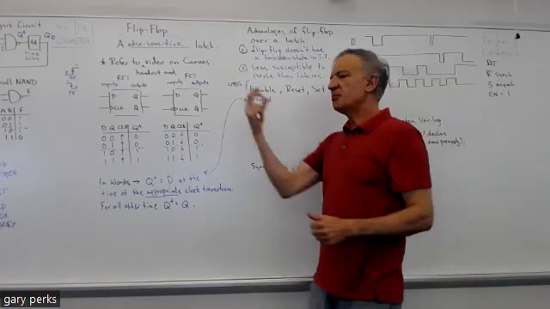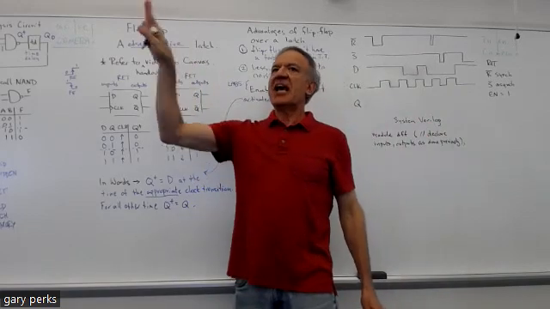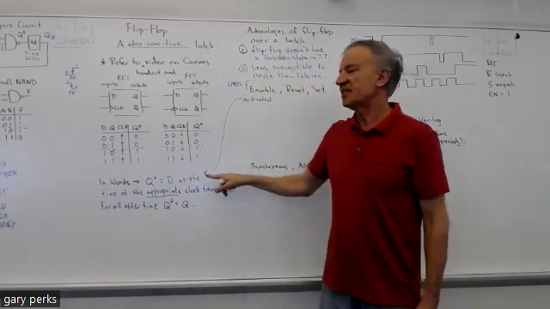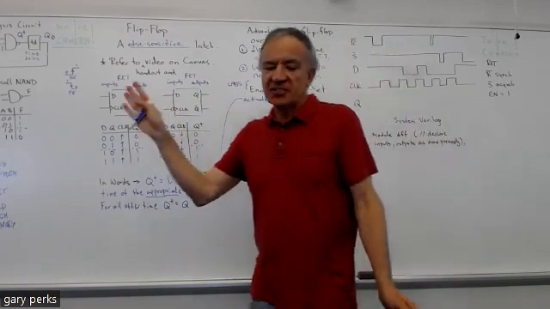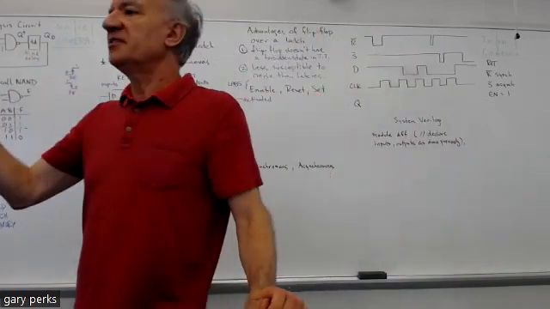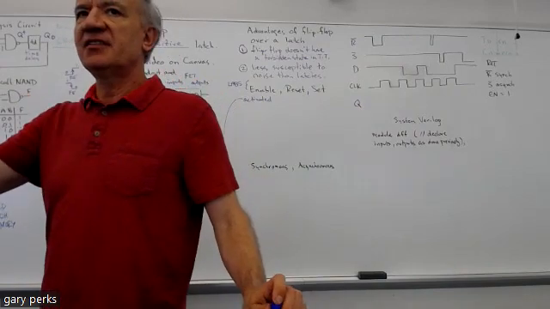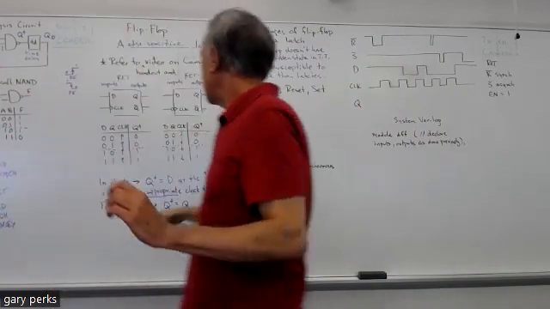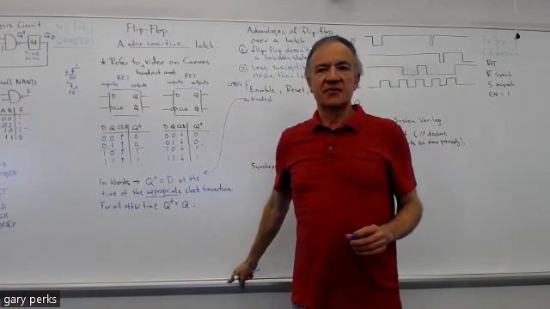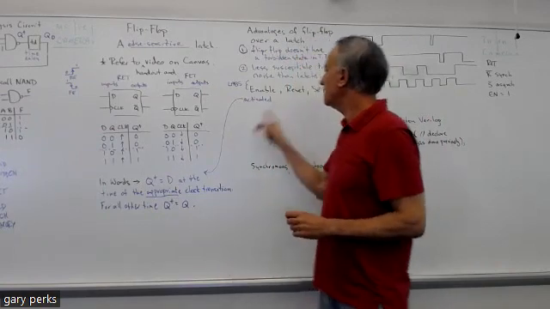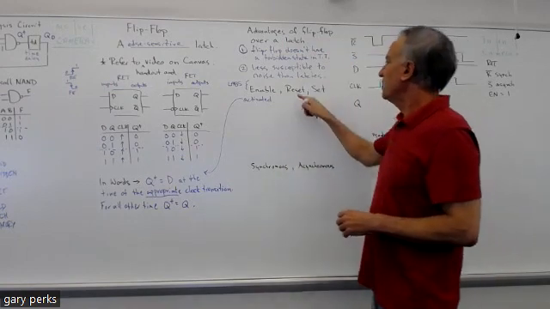So the enable is like an added condition in order for this to happen. If the enable is not activated, then your outputs are just going to stay the same all the time. There's no possibility that at a clock transition the next data Q would equal D. Okay, so that's what enable refers to.